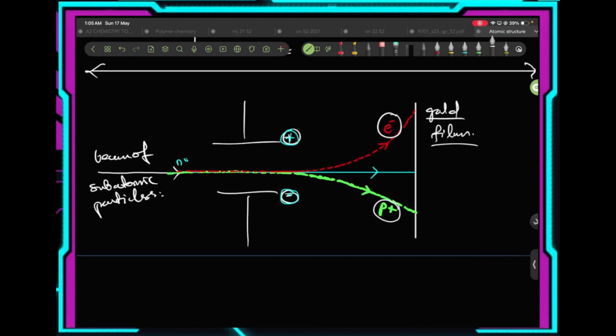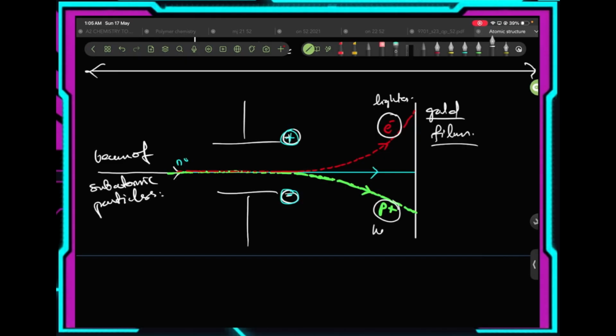Who has significant mass and who has negligible mass? Electrons have negligible mass, and protons have significant mass. They have 1 AMU, and the electron is basically 1 AMU divided by 1837. So the electron is lighter and the proton is heavier, right?